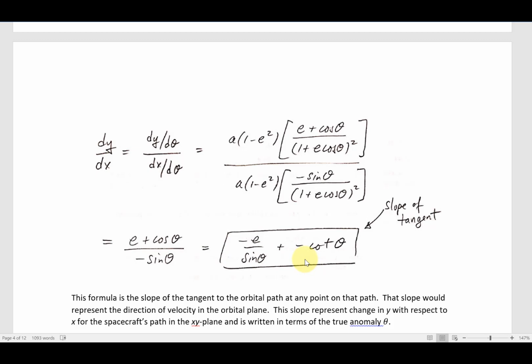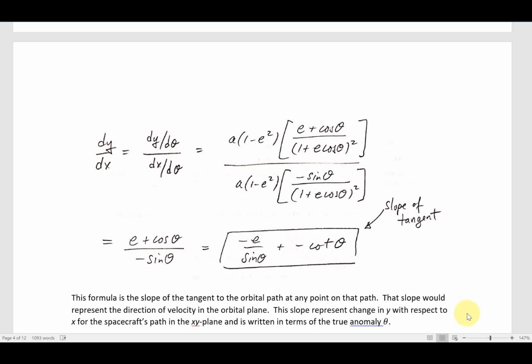This represents the slope of the tangent to the elliptical path in the xy plane. That's the dy dx, the slope of the tangent. It's the direction of the velocity, right? This formula is the slope of the tangent to the orbital path at any point on that path. That slope would represent the direction of velocity in the orbital plane.